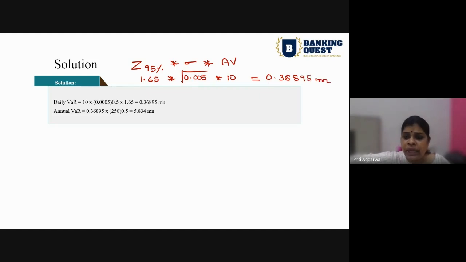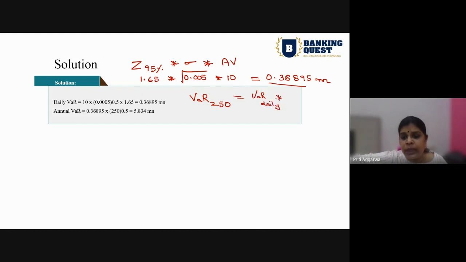Once I have the daily VAR, as I said earlier, I can calculate the annual VAR, and assuming that there are 250 trading days in a year, I will calculate the annual VAR from the daily VAR which you have computed using that formula.